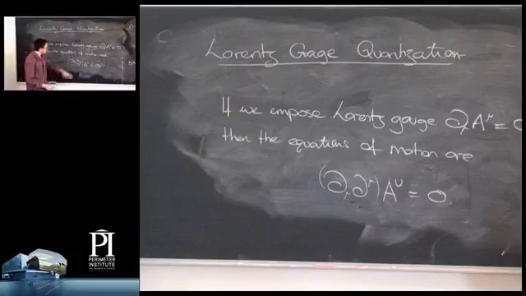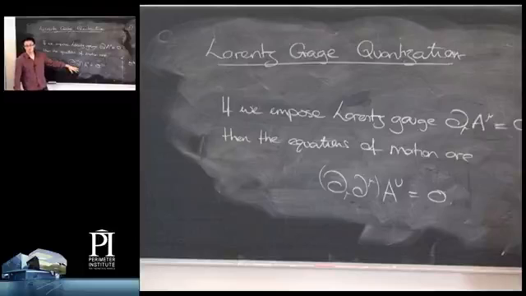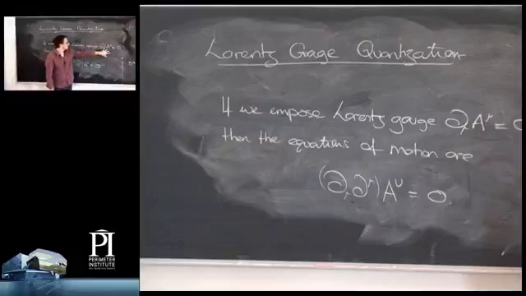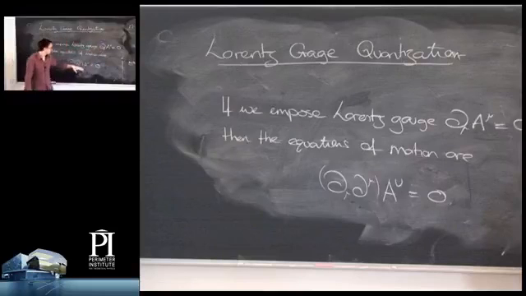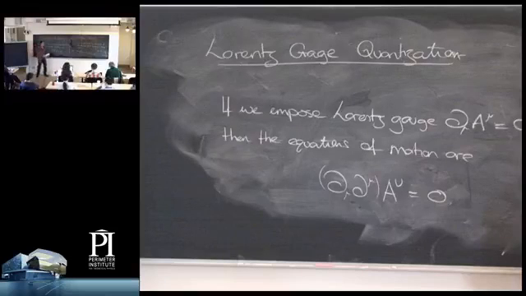Each component of A mu obeys the massless Klein-Gordon equation. If you look at the full operator I wrote down before and insist that A mu obeys this, one of the terms drops out. You've just got this. Okay, so very easy.